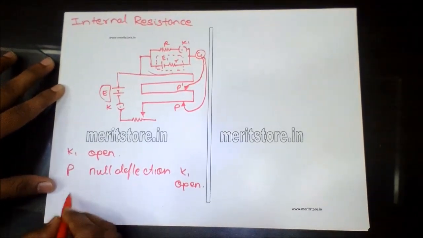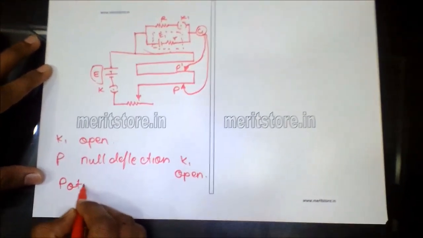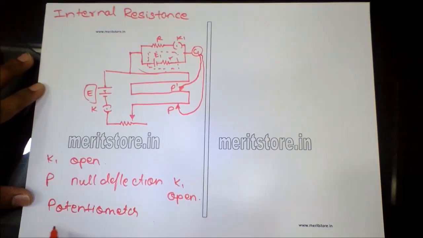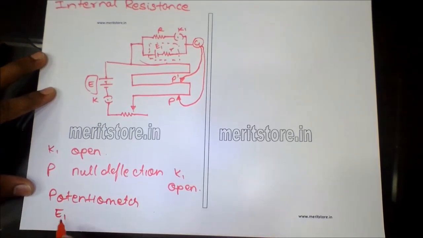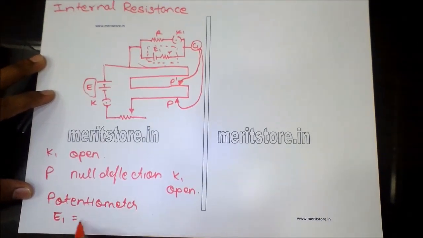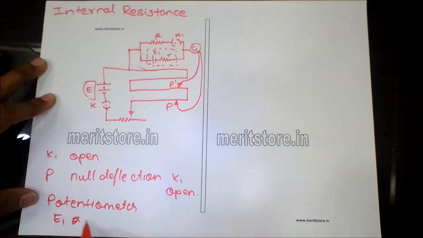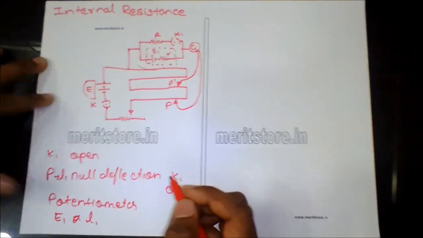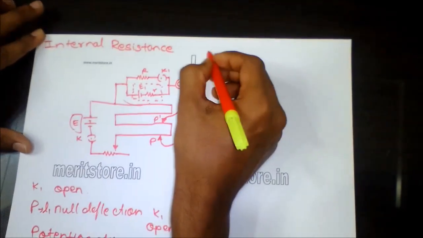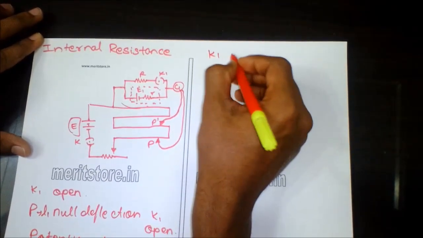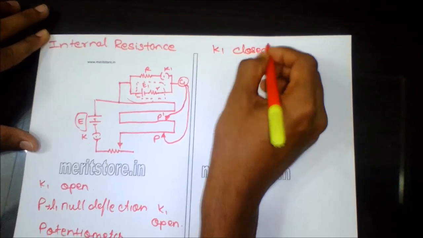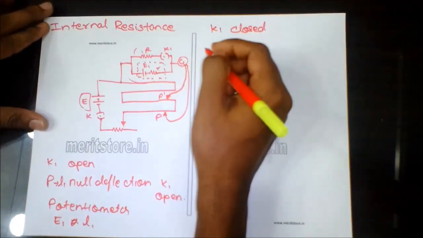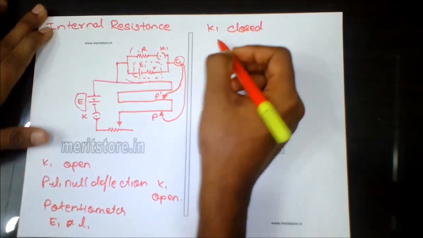According to the potentiometer law, the EMF of the cell E1 will be proportional to L1 at the point P. Now the key K1 is closed, and hence the resistance R comes as a shunt over the cell E1.